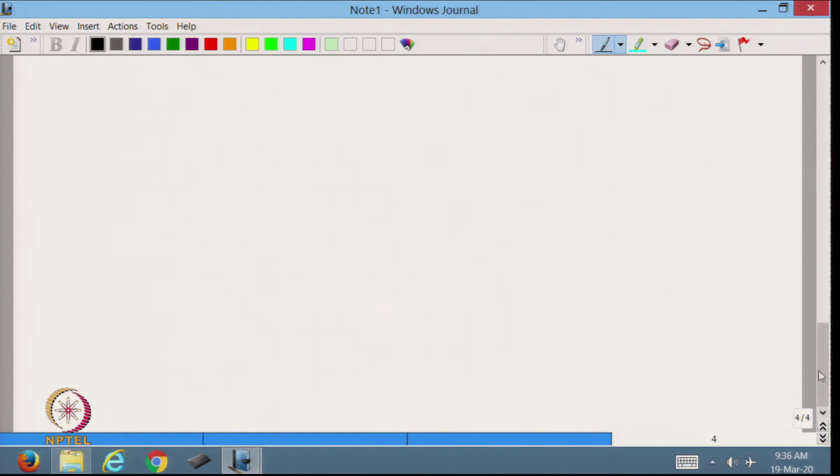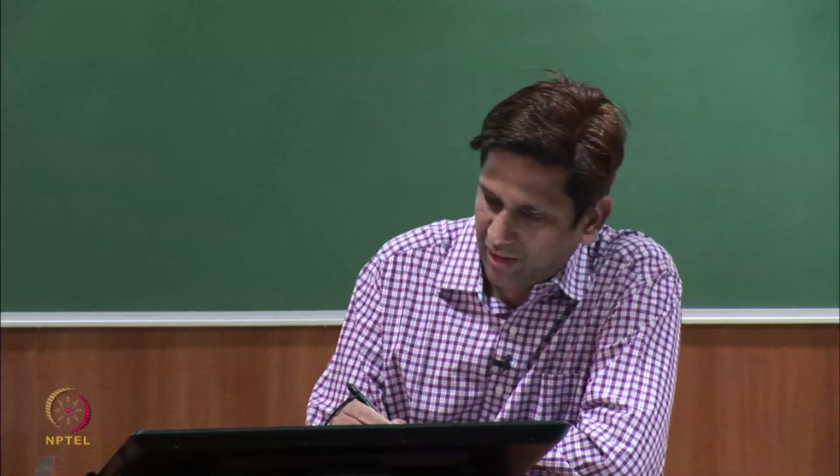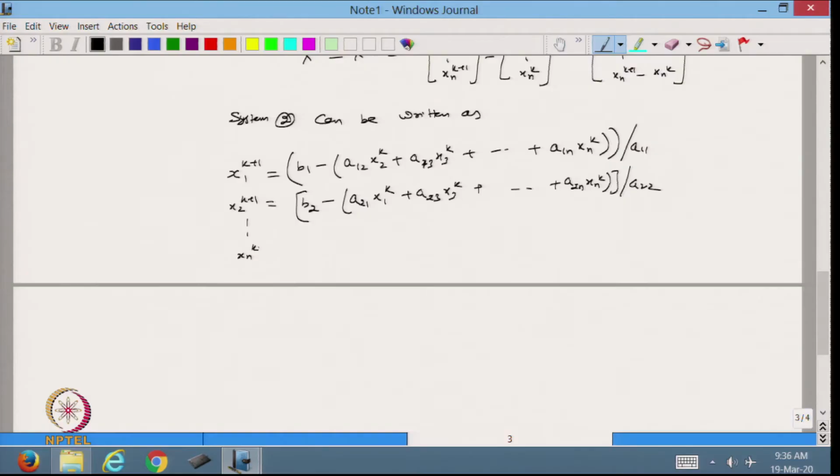And in the last, I will get xn k plus 1 equal to bn minus an1 x1 k, an2 x2 k, and in the last a n n minus 1 x n minus 1 k, and then I am dividing the whole by ann. So this is my system.